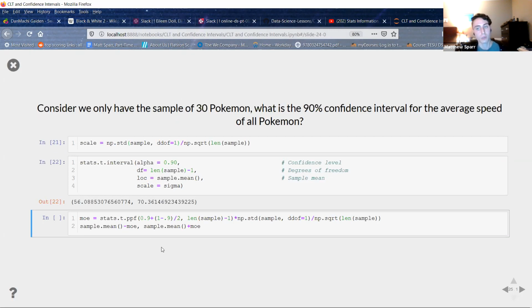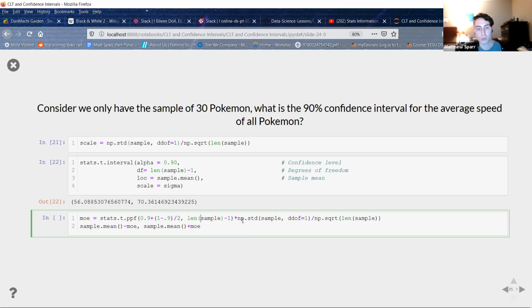And then to check it, we can do it the old-fashioned way and basically just use the t-distribution and then do ppf. And then we can pass in the confidence level we want, adjusting for Python only choosing the left tail. And then we pass in our degrees of freedom here. So before, for the normal distribution, we don't have to pass that in. But for a t-distribution, you have to pass in the value for n, and that is just the length of our sample, the sample size minus 1.